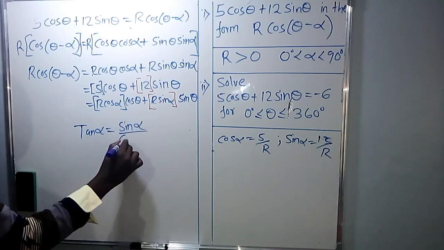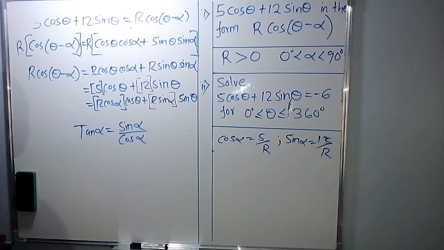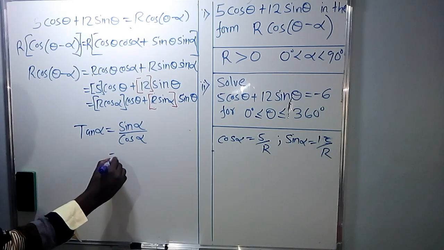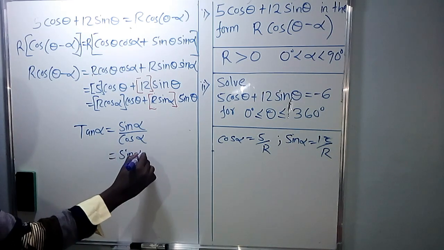Remember when y was equal to sin A and x was equal to cos A, then tan A was y over x, meaning tan A was sin A over cos A. So in this case, tan alpha is sin alpha over cos alpha, which is the same as sin alpha times 1 over cos alpha, isn't it?